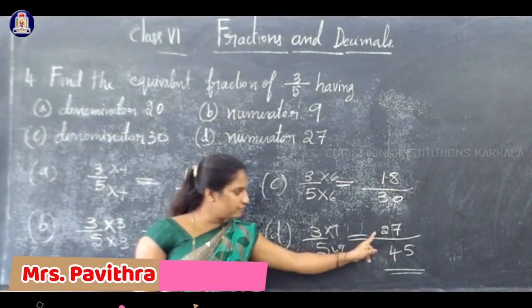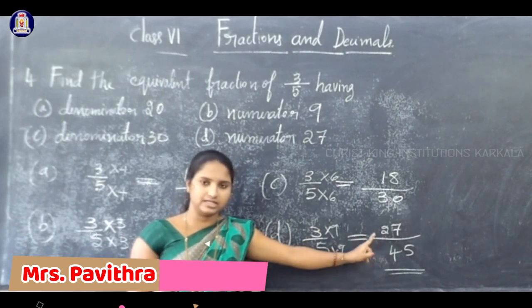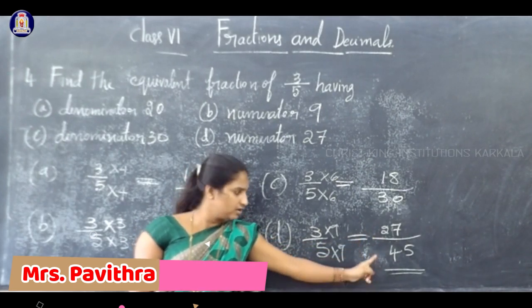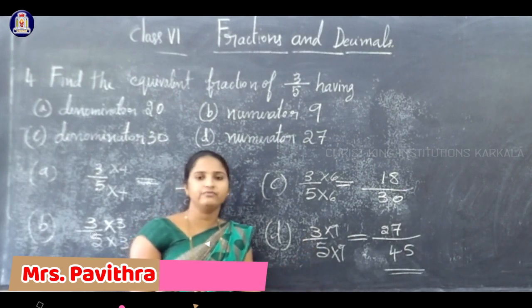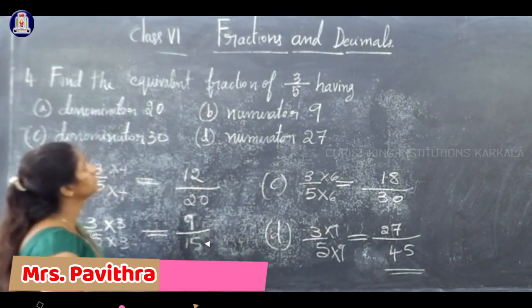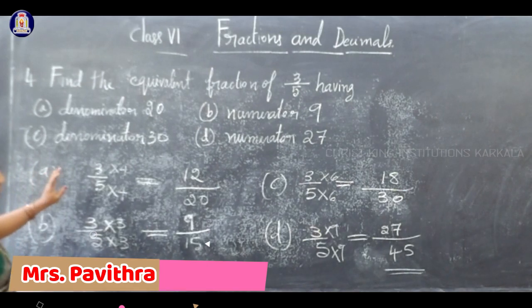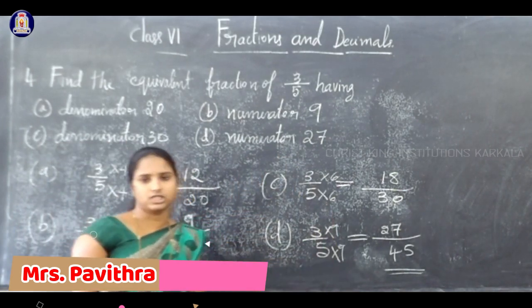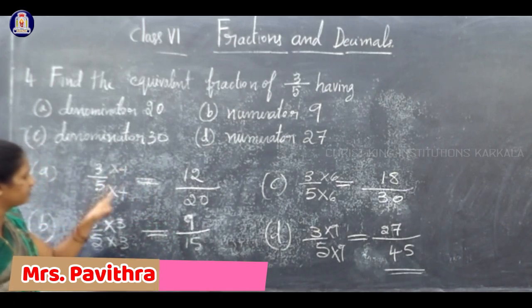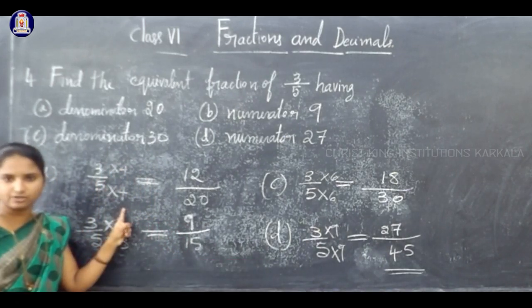And 27 by 45 and 3 by 5 are equivalent fractions, because if you simplify this, the simplest form we get is 3 by 5. Okay, these are the equivalent fractions of 3 by 5, because the same number we multiply to both numerator and denominator, right?